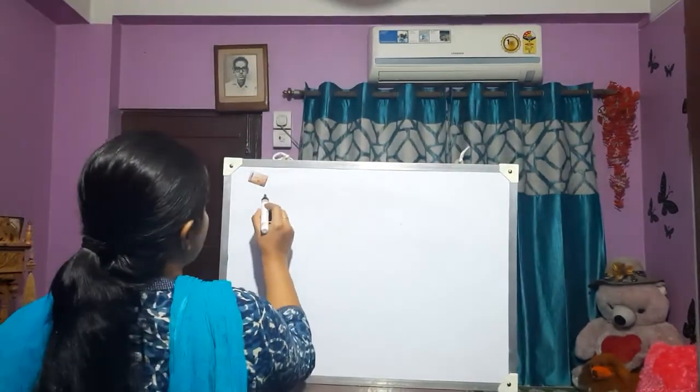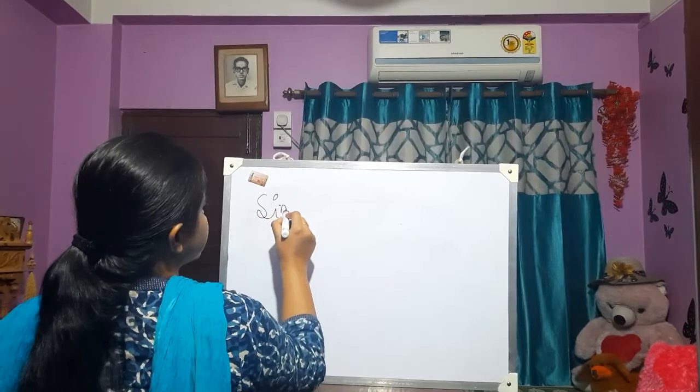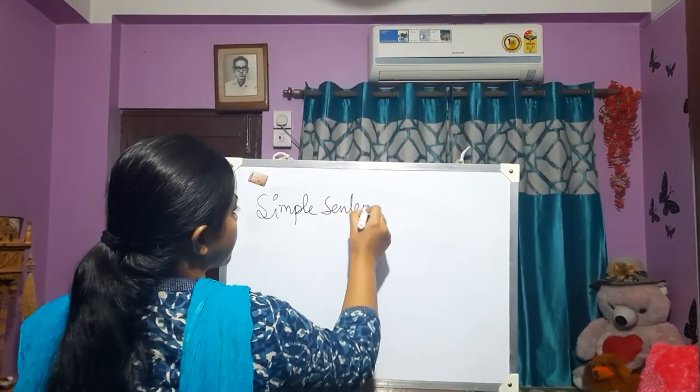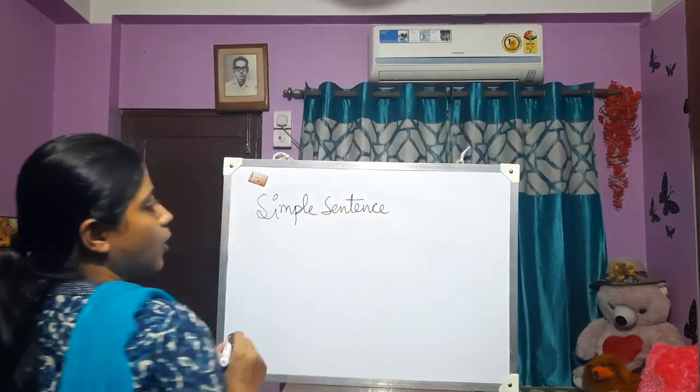Now I will tell you in brief that you know that there are three kinds of sentences. What are those kinds? One is simple sentence, okay.